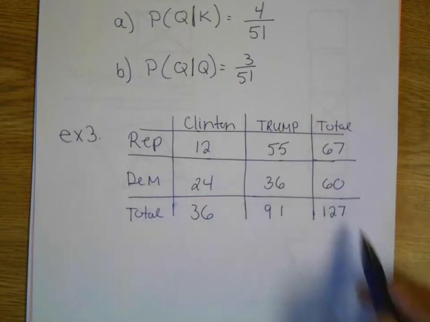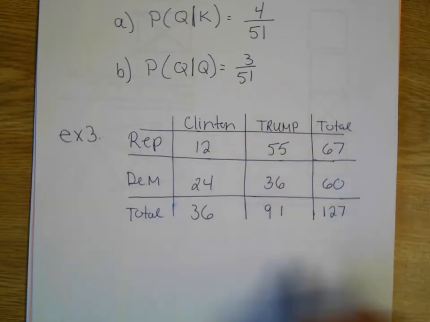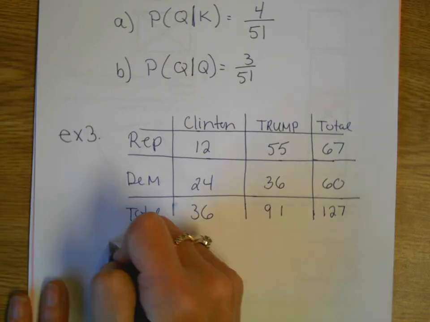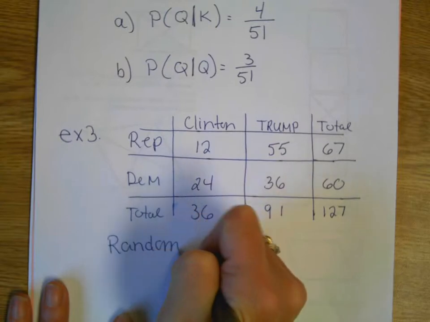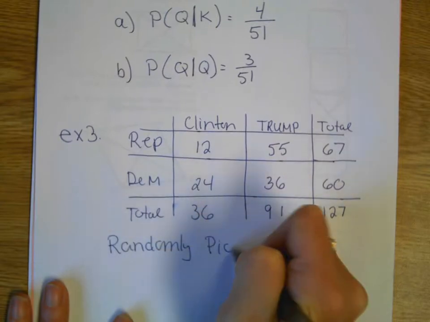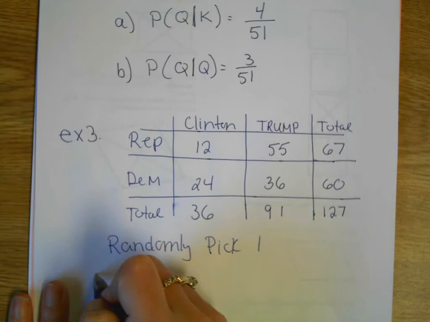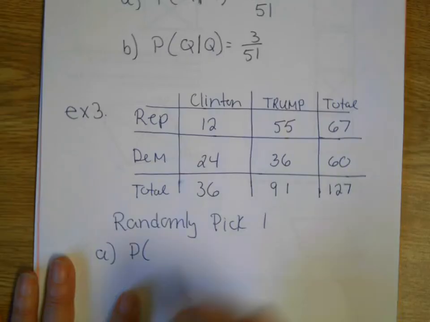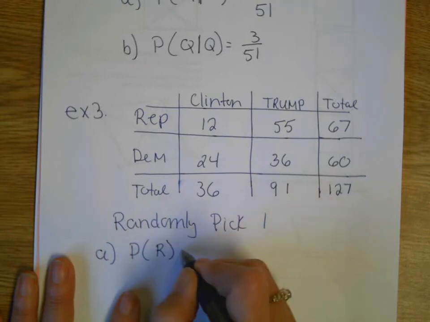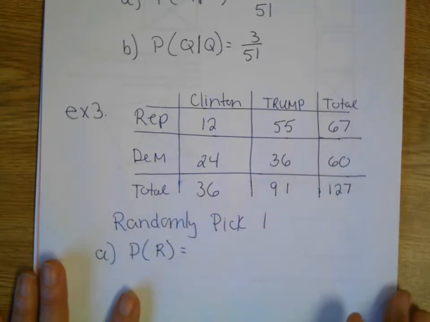So we're going to randomly pick one person from this group here. Randomly pick one. What's the probability that the person you pick was a Republican?